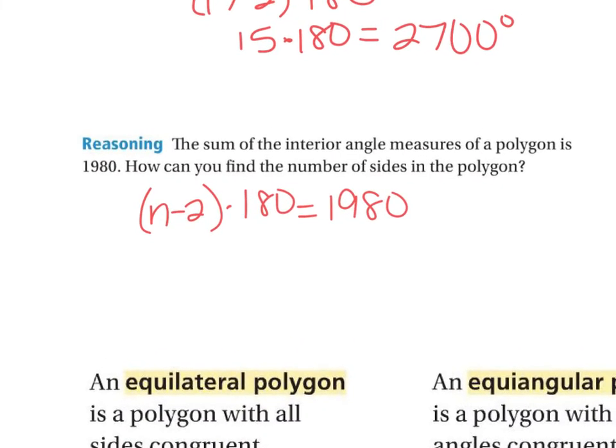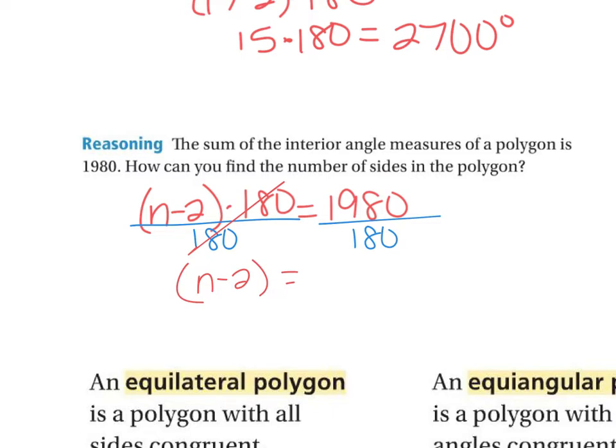Okay. So what do you think we would do first in order to get the variable by itself? Well, first thing, we can't start adding 2, okay, because it's in the parentheses. The first step you have to do on these problems is get rid of the stuff next to the parentheses. So it's times 180, so I'm going to do the opposite and divide by 180. Those cancel, and you're left with n minus 2 in parentheses equals 11.